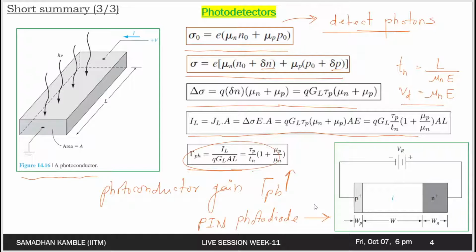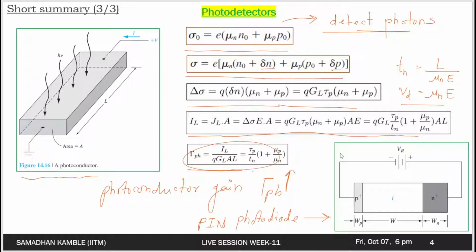Therefore, the prompt photocurrent generated in the space charge region is the only photocurrent of interest. So to increase the photodetector sensitivity, the depletion region width should be made as large as possible, and this can be achieved in a PIN photodiode.